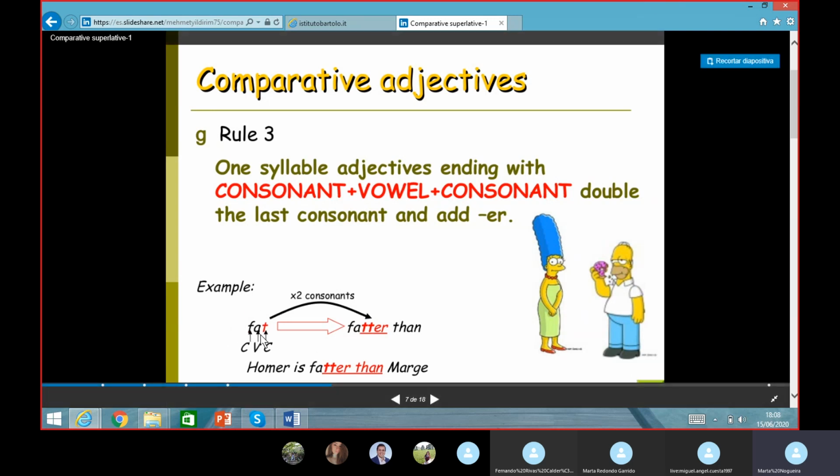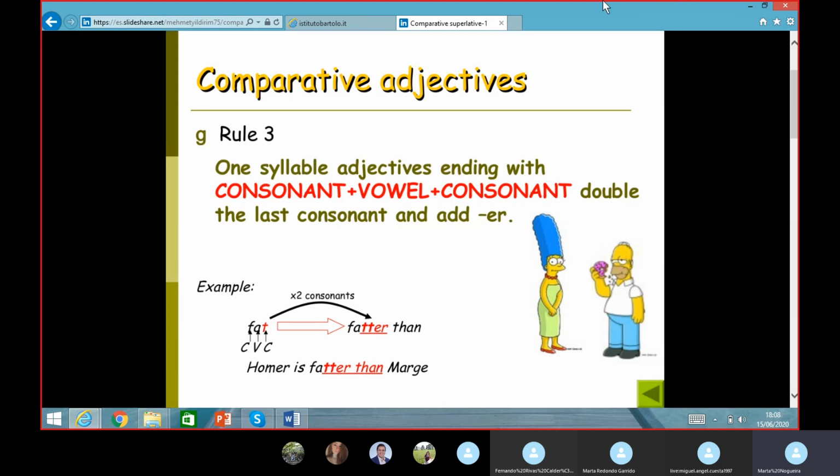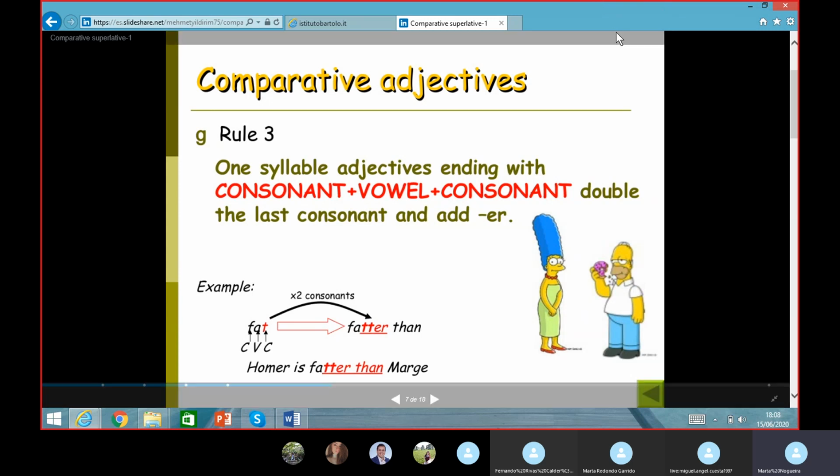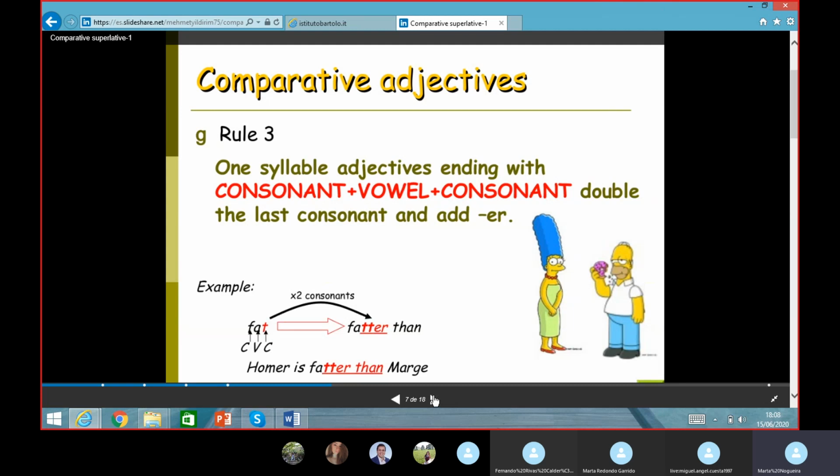I've got a consonant, a vowel, and another consonant. So I'm going to add the T. So when I put fatter, I add the T. Or big. Big is consonant, vowel, consonant. So bigger is with double G. Homer is fatter than Marge. Fatter than. We are comparing people, places.